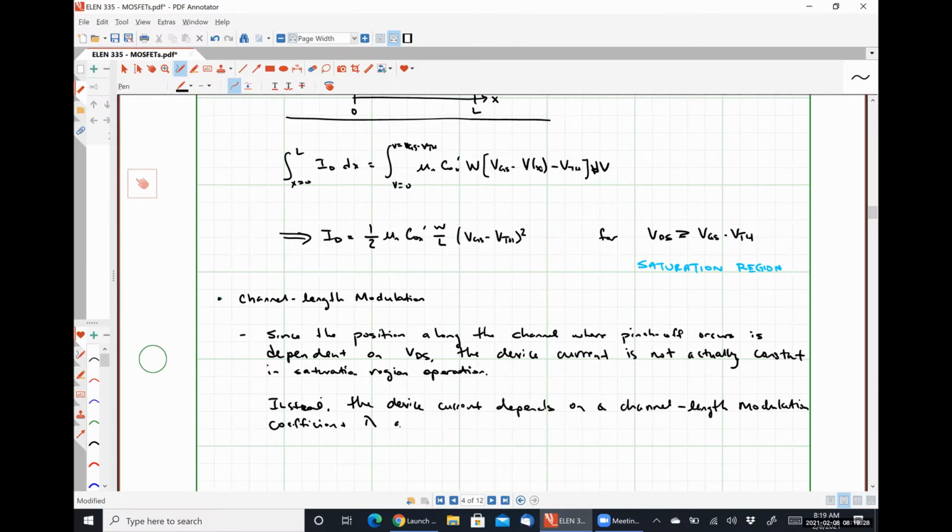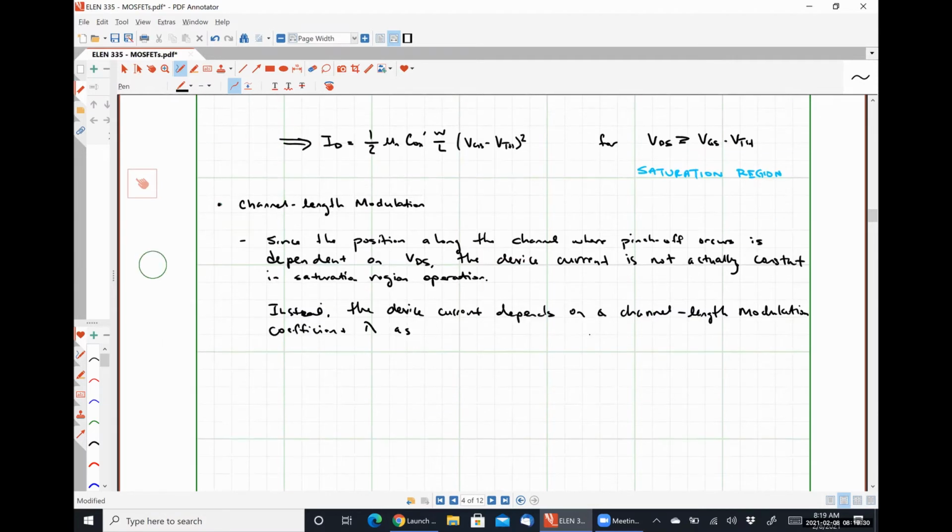Lambda as ID is equal to 1/2 mu e Cox W over L, VGS minus VTH quantity squared times 1 plus lambda VDS.